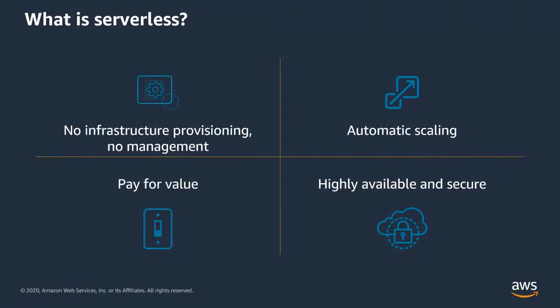And if you then see it across other places, apart from infrastructure not being managed, you also get automatic scaling out of the box. You pay for value. So literally, the pay-as-you-go model, which we spoke about for the cloud across different topics since July, comes to fruition in serverless. For example, if you use one of our services like AWS Lambda, which is purely serverless, you just write code and you give it code.